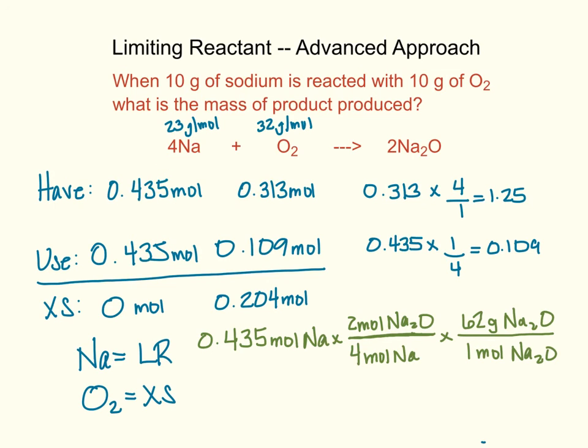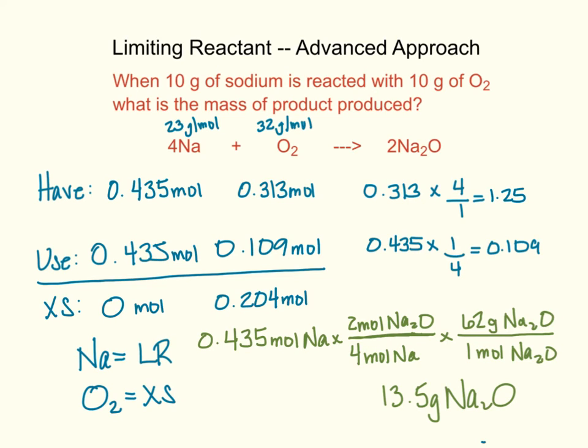So when I do my stoichiometry and start with my 0.435 moles of Na, do my mole conversion step, and then finally my molar mass for my product, I get 13.5 grams of Na2O. So if I start with 10 grams of sodium and 10 grams of oxygen gas, my sodium is my limiting reactant, so that is going to produce 13.5 grams of Na2O.